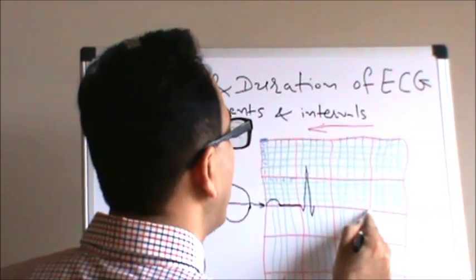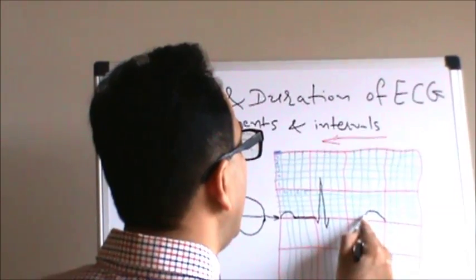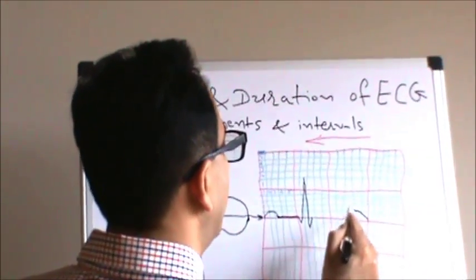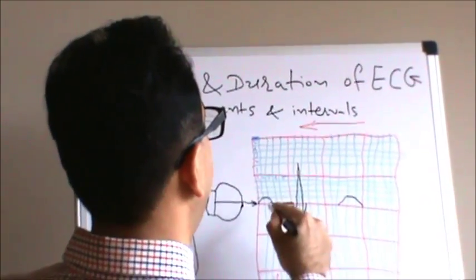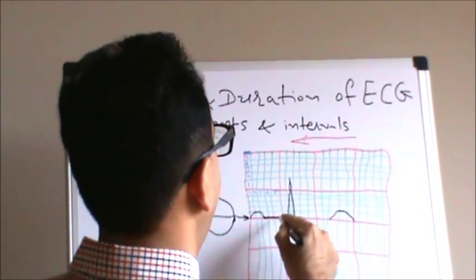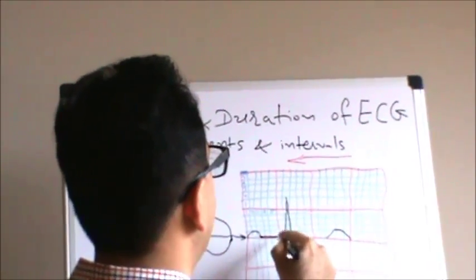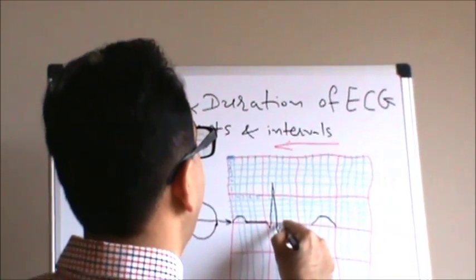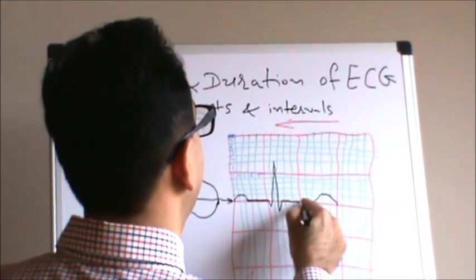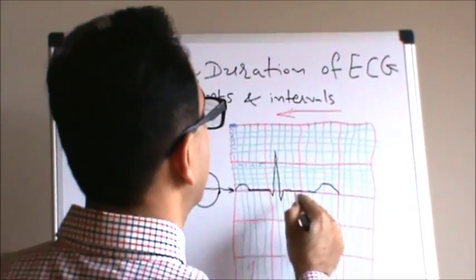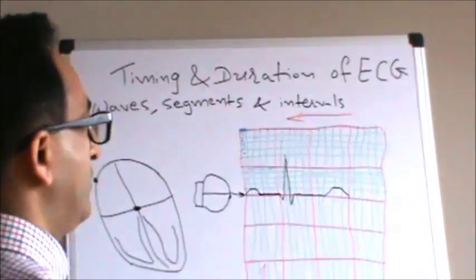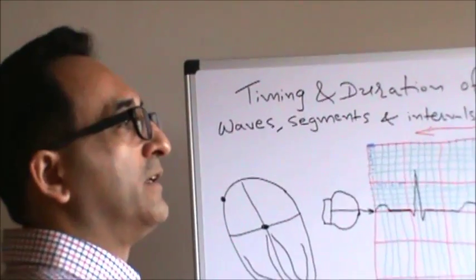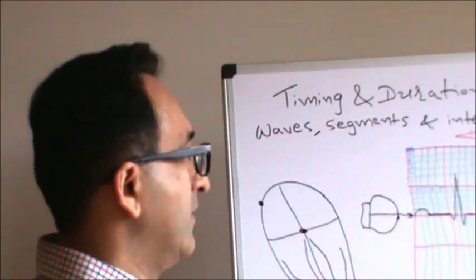So typically, your T wave ends here. The way it goes: the PR segment, QRS, and then this is your ST segment, or the plateau phase of the ventricular cycle.